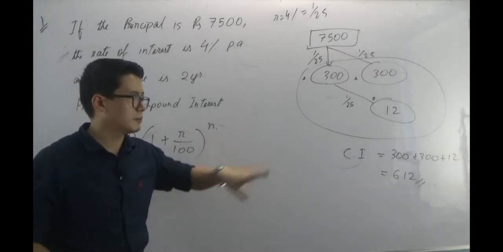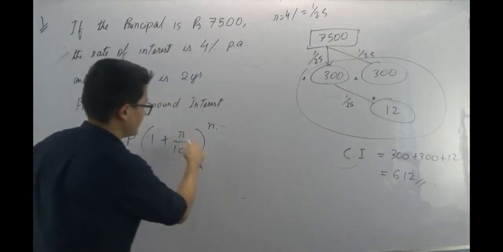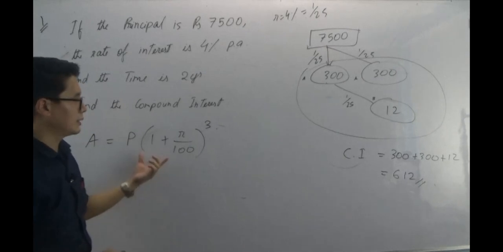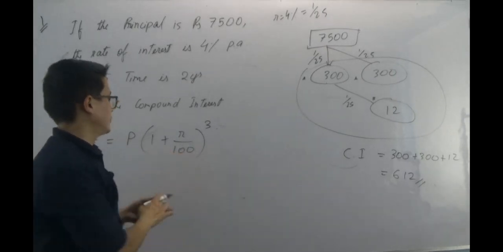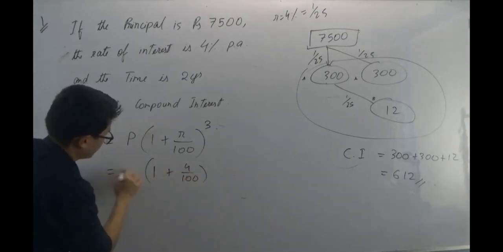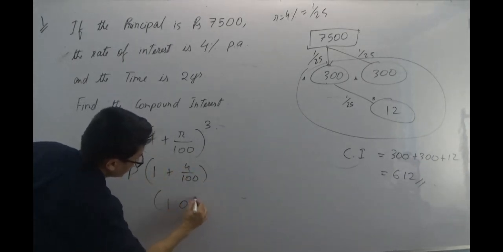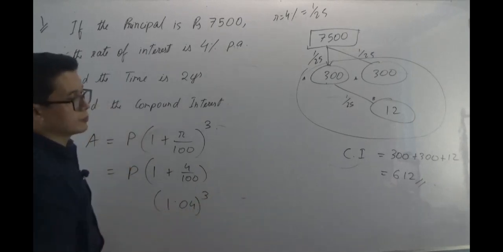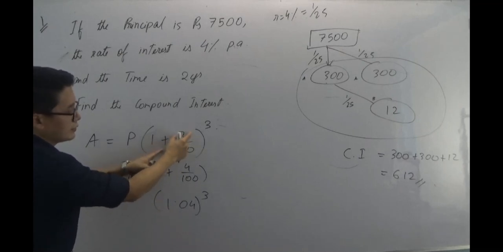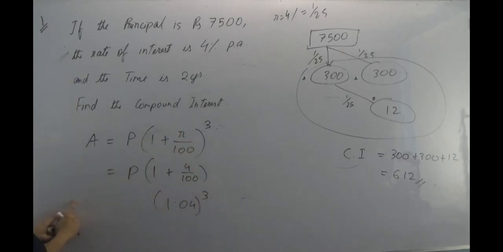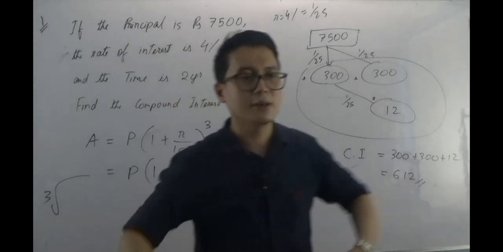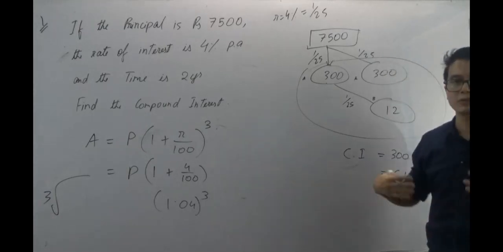It becomes very complex when we have to find the cube root. For 3 years the rate is 1.04, that is 1 plus 4 by 100, and cube of 1.04. We take the cube, and if the rate of interest is given we need the cube root, which makes it very complex.